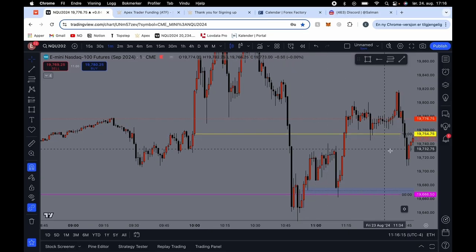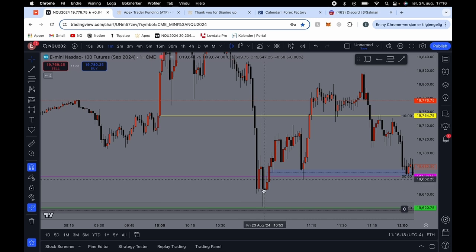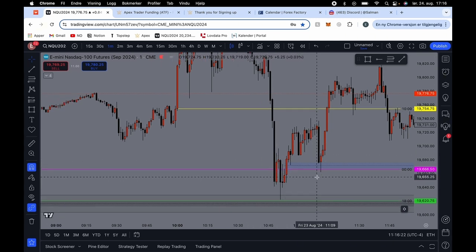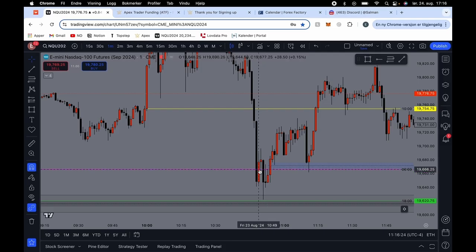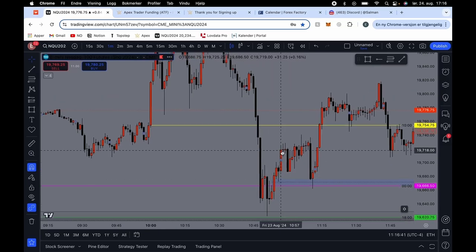However, it's kind of stopped working. You see it gets ran through right here because you don't have the proper context. In May, June, July-ish, this would probably have given a bigger reaction to actually take a proper trade off of. But here you see it gets ran because we have this target down here.